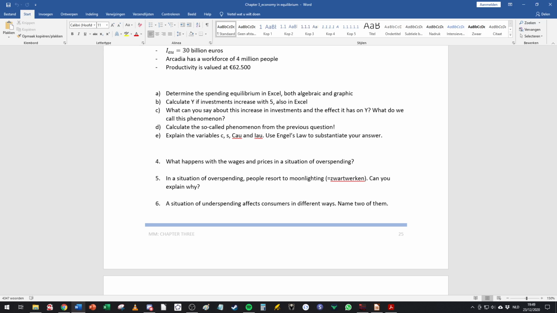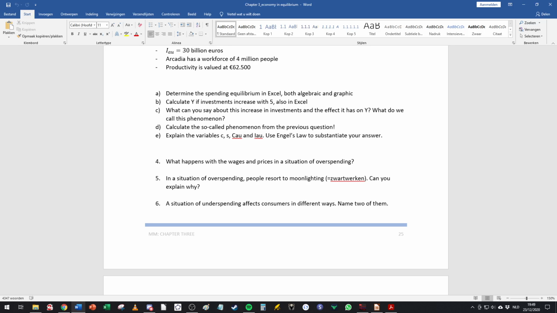So this is not allowed. But if I want to earn more money, since wages are higher right now, I can resort to moonlighting, and I can actually work these hours without telling the government about it, right? To avoid, one, taxes, because they will be pretty heavy, and two, I can still work these hours and earn a lot of money. So that's why people might resort to moonlighting.